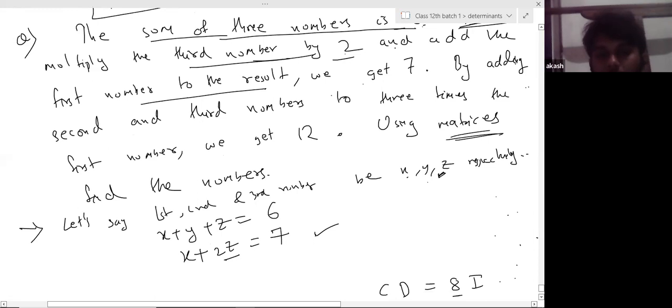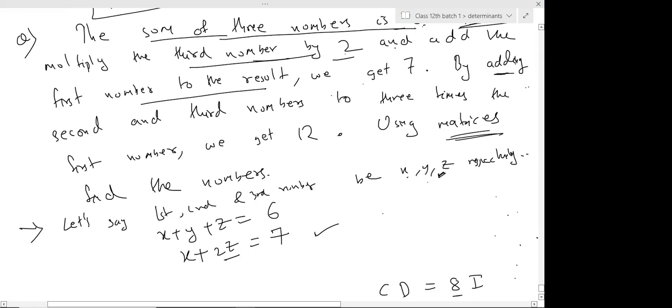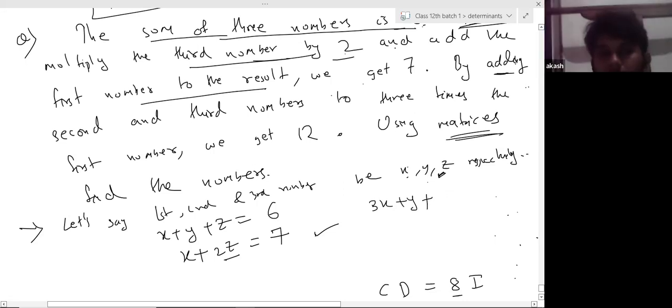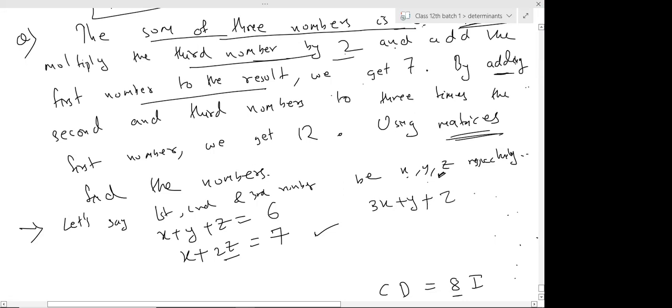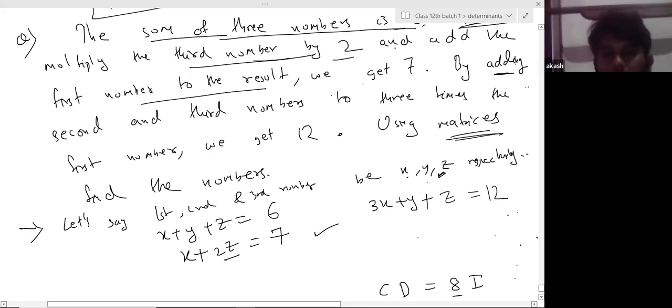So try to tell me the third equation from the third statement. 3x plus y plus 2z is equal to 2. Absolutely right. So these are the three equations.